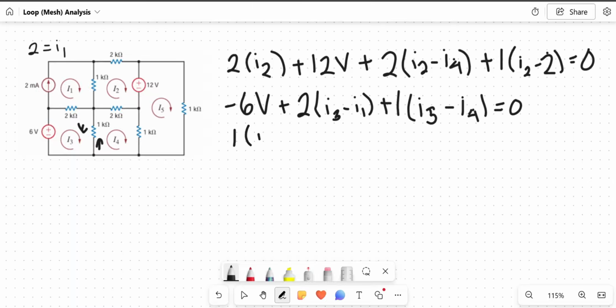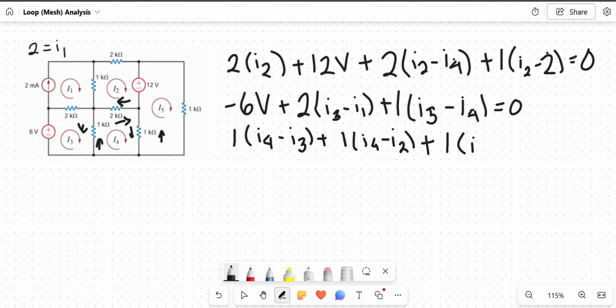So this will be written as 1 times I4 minus I3, plus I4 is going this way while I2 is opposing it, 1 times I4 minus I2, plus going down over here while I5 is opposing it, 1 times I4 minus I5, equals 0. And I forgot to mention over here, since this will not be I1, it'll be 2. However, you can always use your I1 while writing the equation, but then sub it in for 2 later.